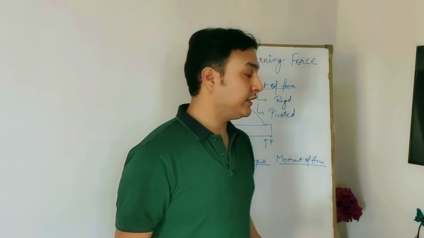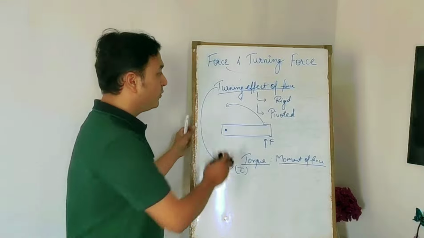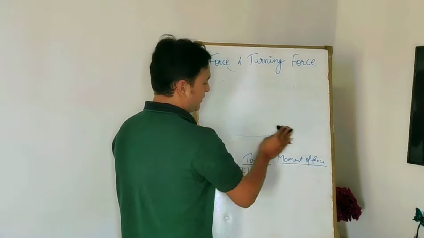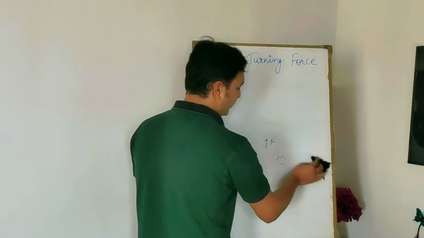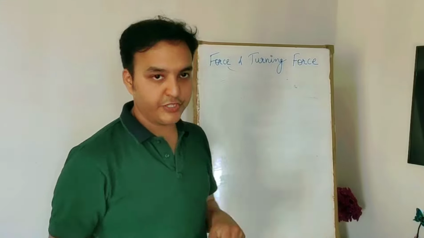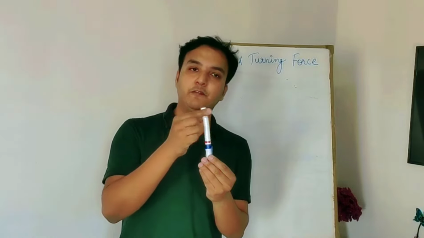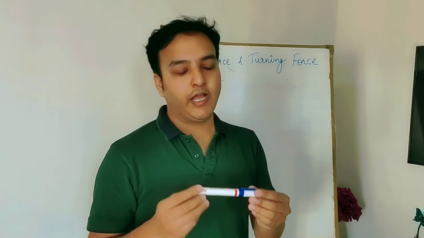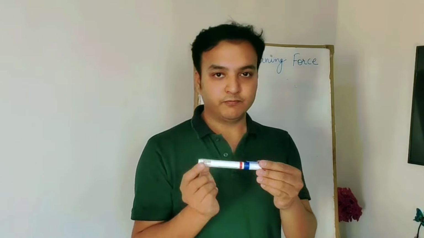I'll explain this also. I hope this much is clear to you, that whenever a body is rigid and pivoted and we apply a force, the body will rotate. It will have a rotational motion because the force is this turning force.